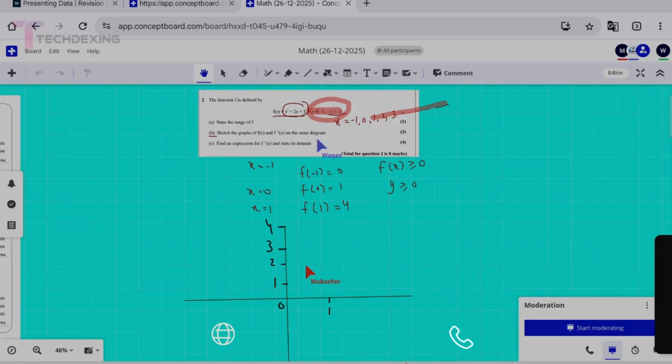The function is quadratic, so its graph will be in curve form, right?